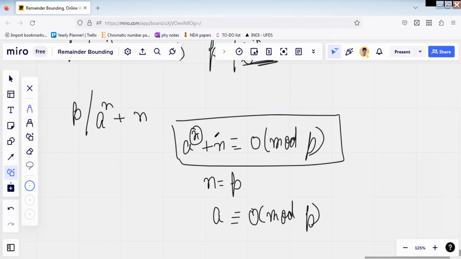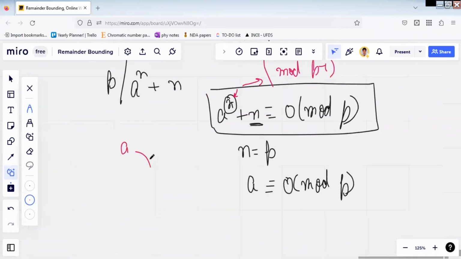So, one thing to notice is that n is an exponent in one place and in the other place it's in the base. The difference is that when n is an exponent, this thing varies modulo p minus 1. Basically you will see a square, a cube, and so on, and then a to the power n, which equals a modulo p, of course.